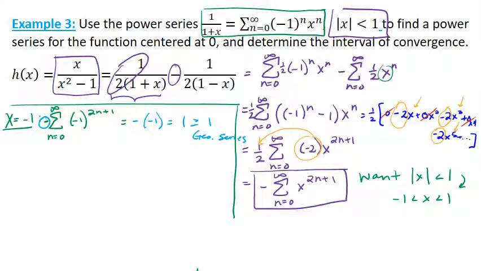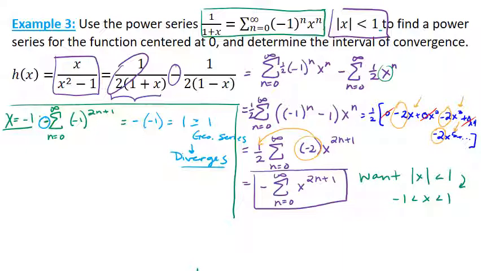Since this is the case, this tells me that it diverges at x equals -1. Remember, in a geometric series, we want this to be greater than or equal to 1 in order for the series to diverge.